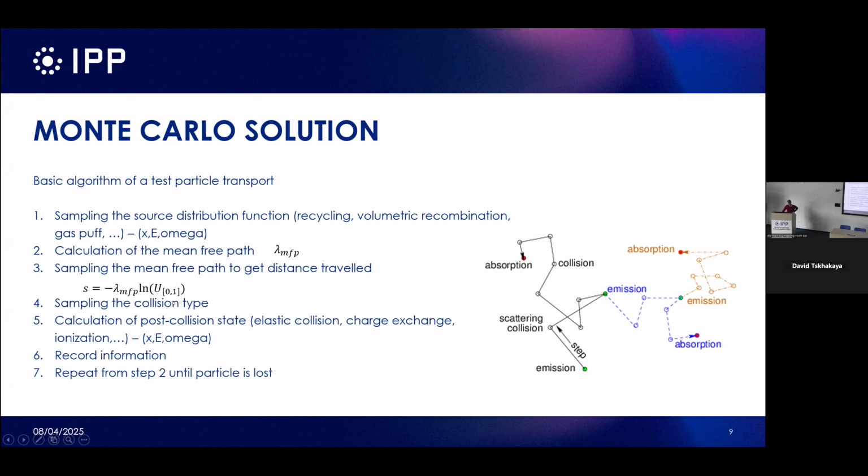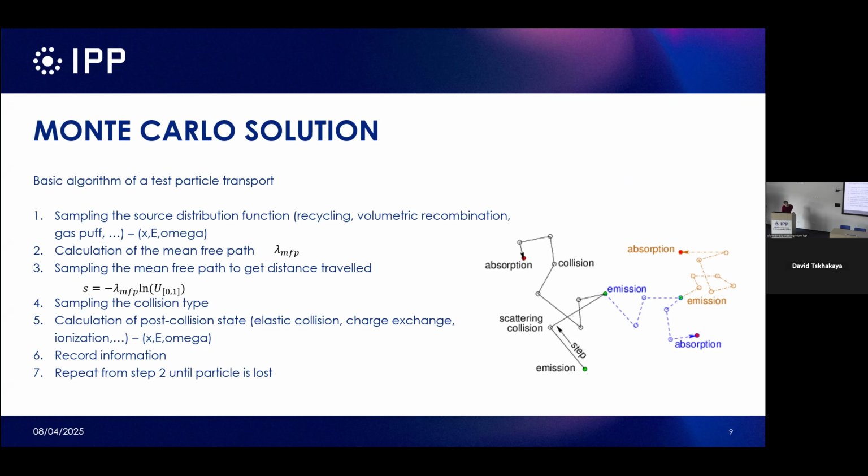Then the collision type is sampled, and the state is calculated based on the type of collision. So for elastic collisions or maybe charge exchange, we can simply exchange the neutral particle with some background ion, and similarly for other types of collisions.